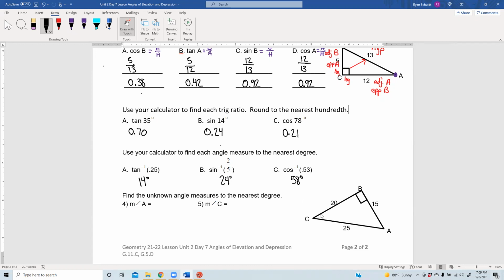Okay, so for this next one, they want us to find the unknown angle measures to the nearest degree. So we're finding angle measures. This would be trig inverse. So here we're doing the inverses.